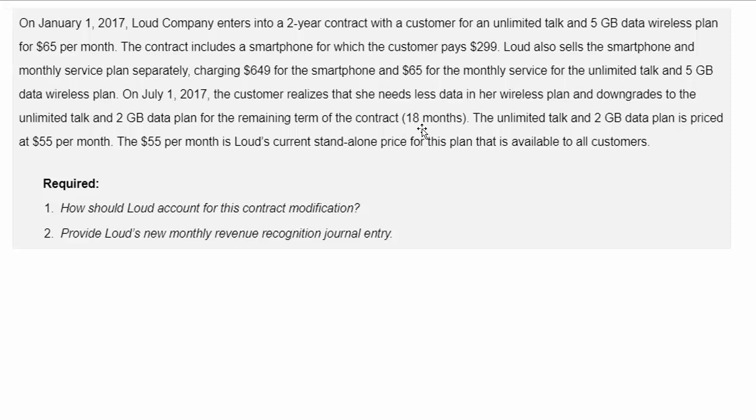The unlimited talk and 2 gigabyte plan is priced at $55 per month, and the $55 price is Loud's current standalone price for this plan that is available to all customers. Okay, now what we have to do on this problem is answer the question, how should the company account for the contract modification? And then we need to provide the new monthly revenue recognition journal entry.